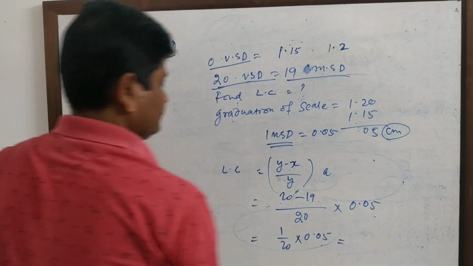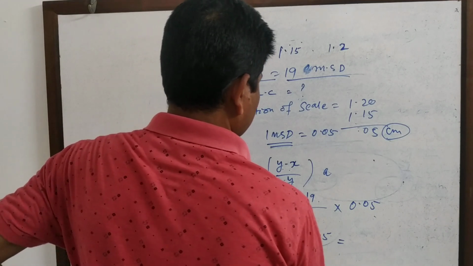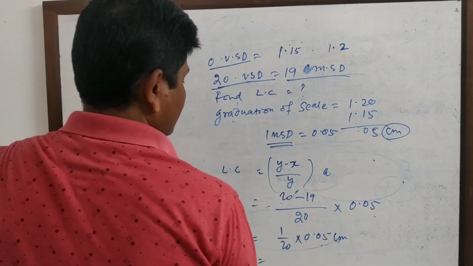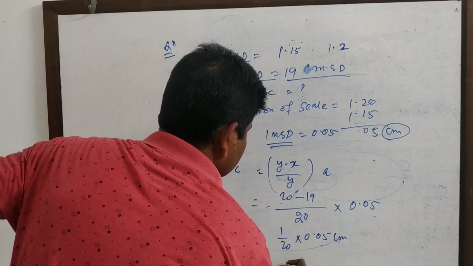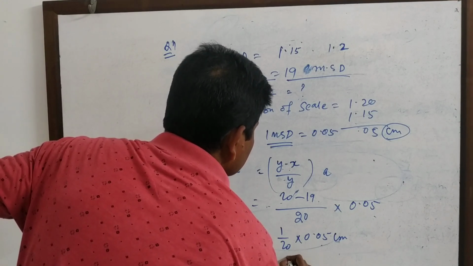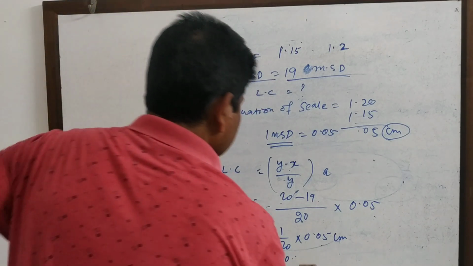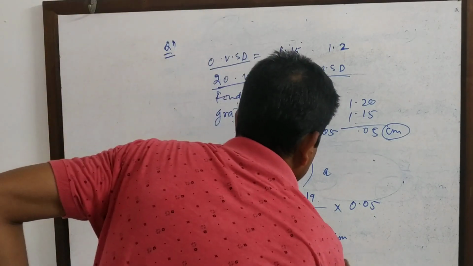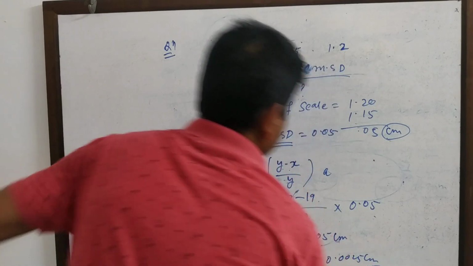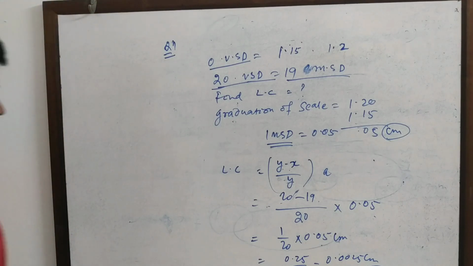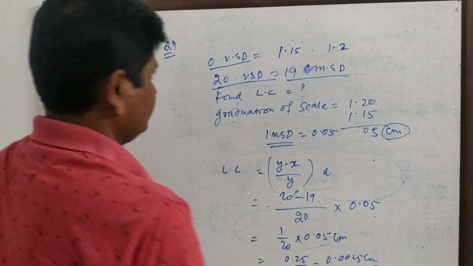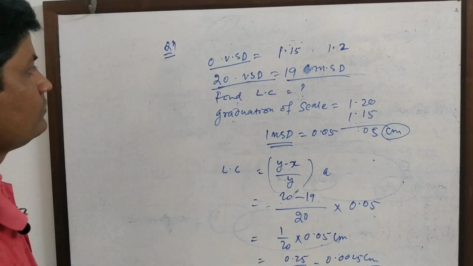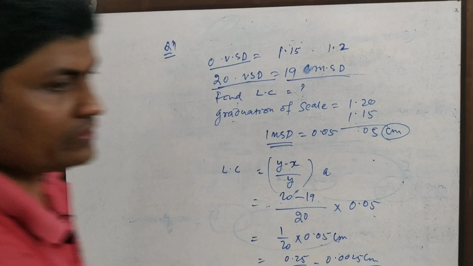This is equal to 0.05 by 20, that is 0.25 by 100, 0.0025 cm. Okay, now another question.